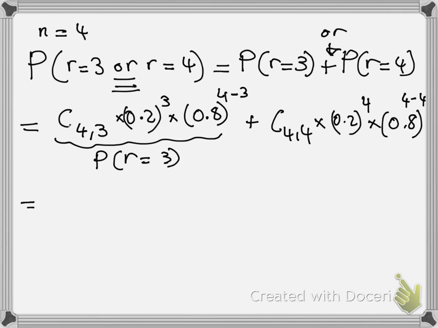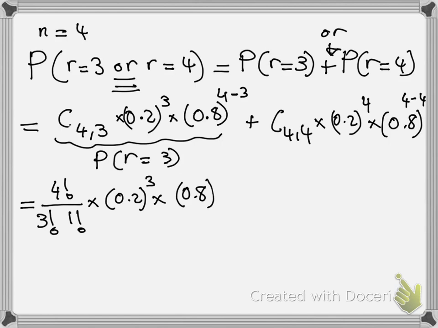Well, 4 choose 3 is 4 factorial over 3 factorial times N minus R, so 4 minus 3 factorial, that's 1 factorial, times 0.2 cubed times 0.8. We said 4 minus 3, so that's power 1.